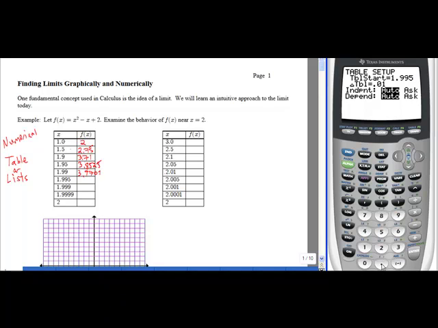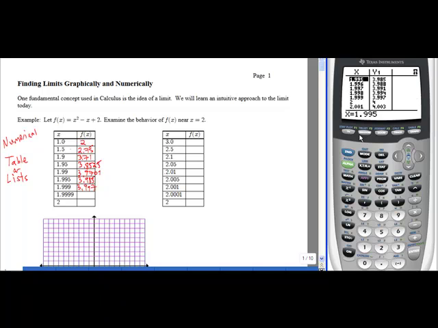Now let's change our table set to start at 1.995, and let's go up by thousandths, so 0.001. So 1.995 has a y value of 3.985, and 1.999 is 3.997.